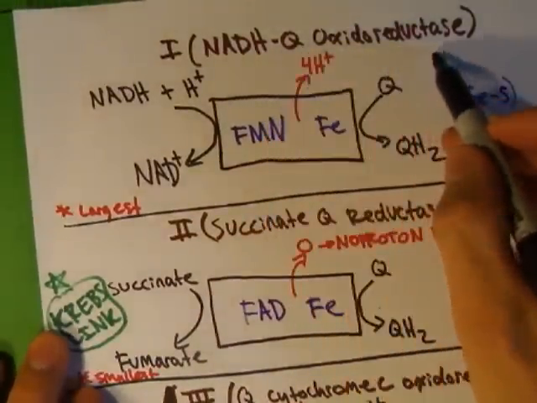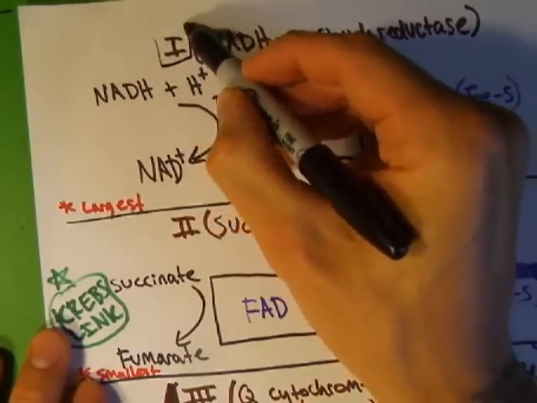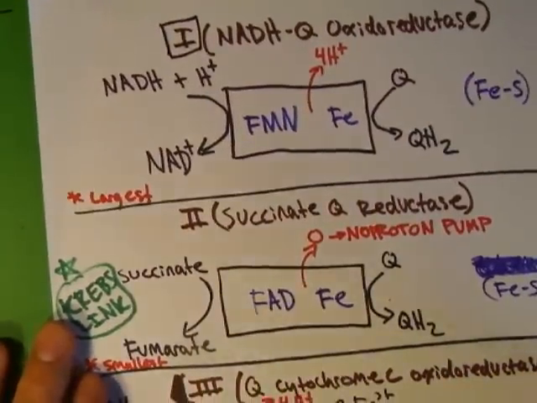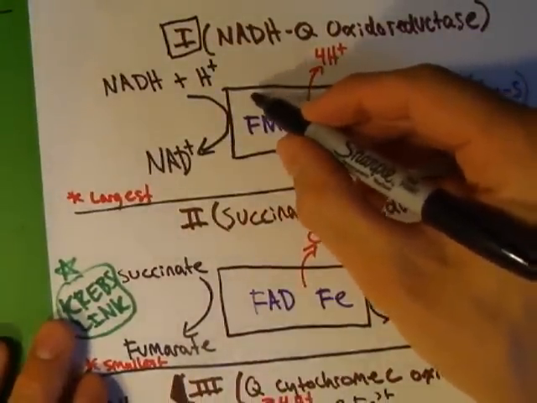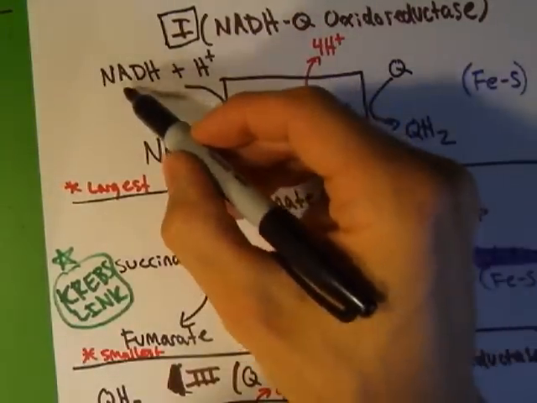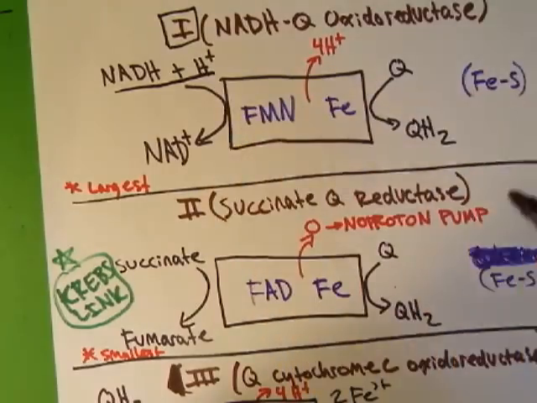Alright, I have the full names listed here. What he mainly refers to it is just by the Roman numeral. You don't need to be able to draw out every single process of it, but the things to know about it are that NADH plus H plus is what enters.